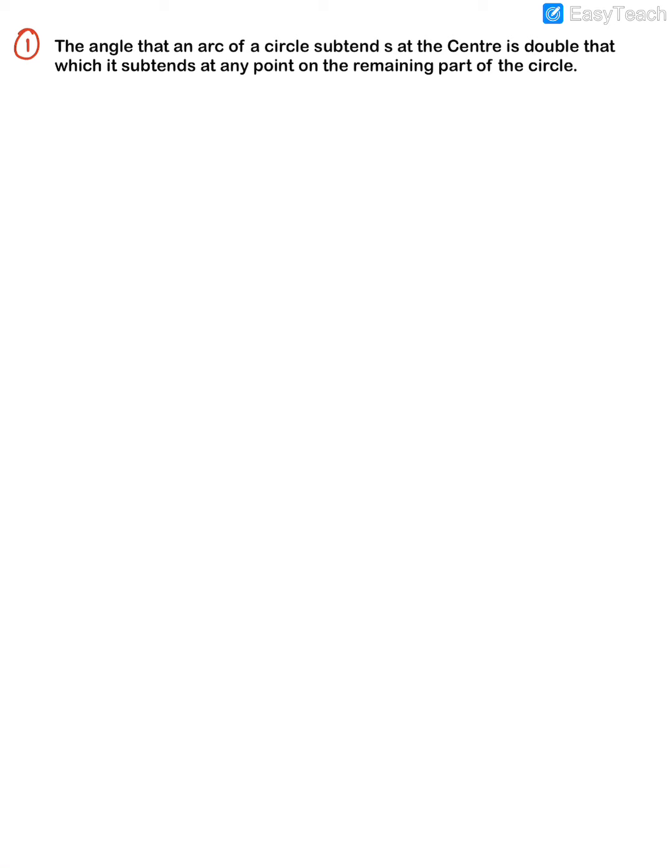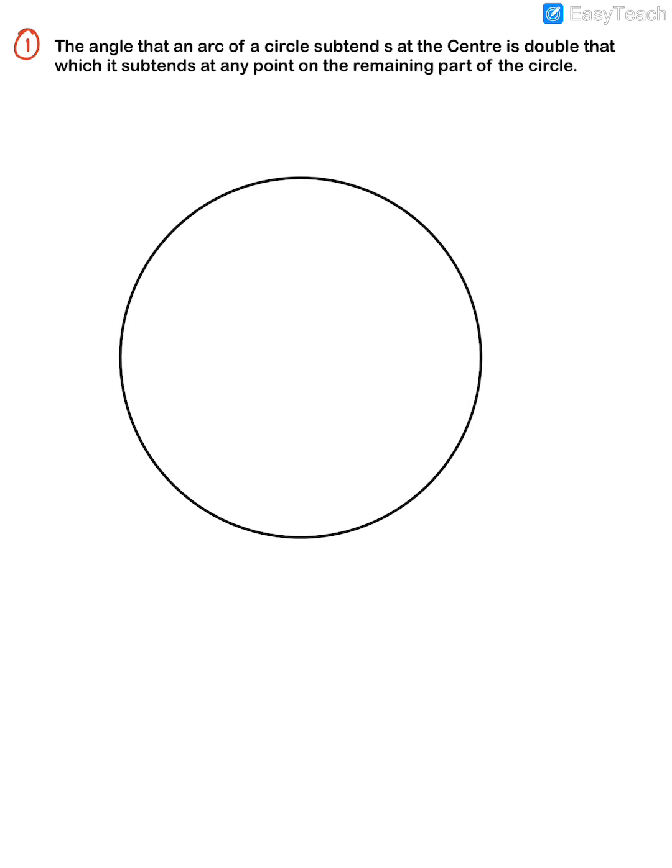Now, let's say out here we have got a circle. Now, the angle that an arc of a circle subtends at the center. So, I'll mark the center of the circle. Let's say this is the center of a circle.